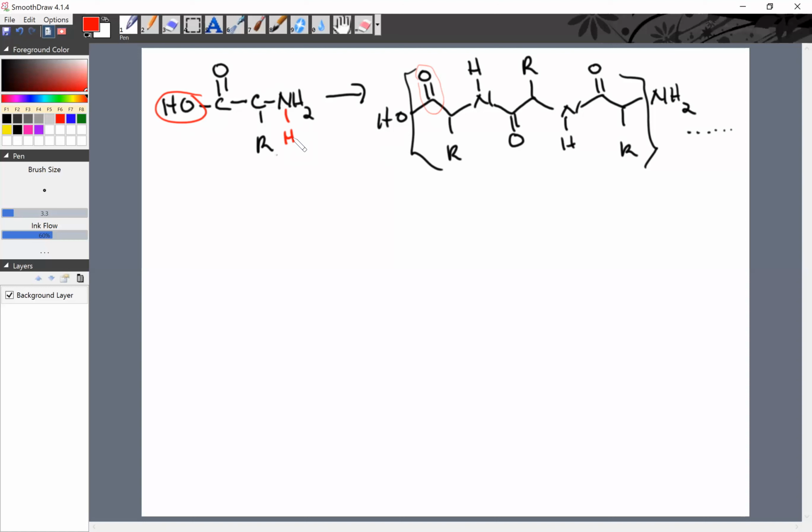So those two will combine and lose water. I don't know. That doesn't feel like we talked about that really well. Let's see if we can actually walk through a very specific mechanism. Now I'll draw it kind of funny.